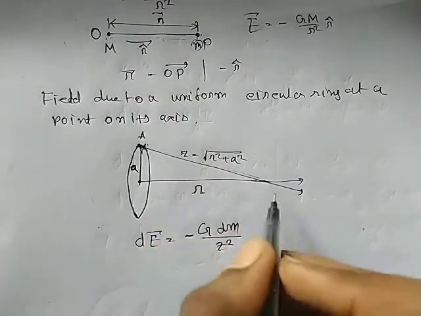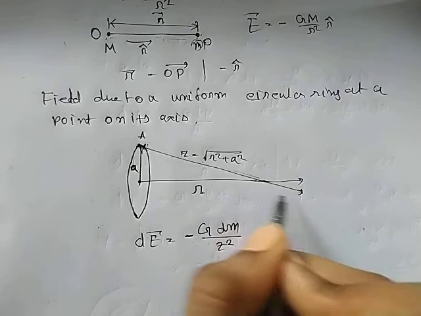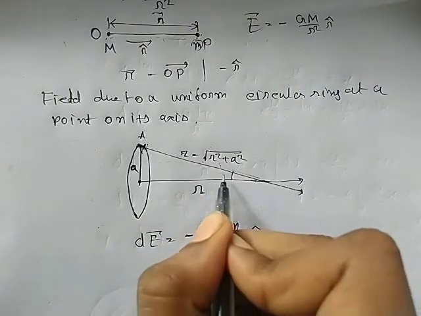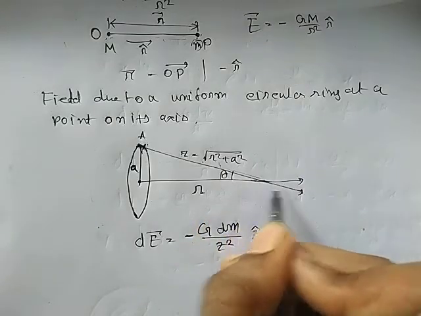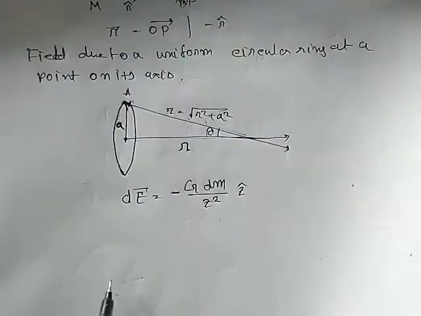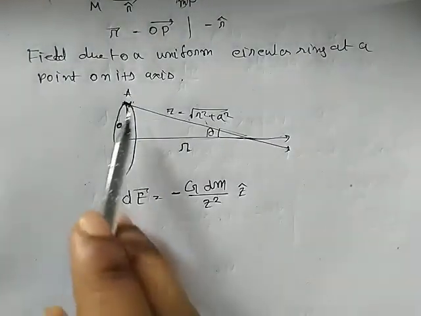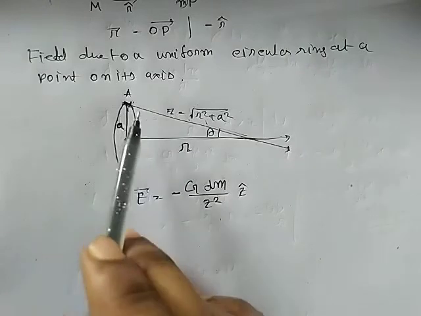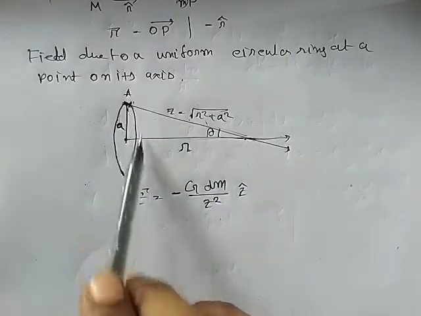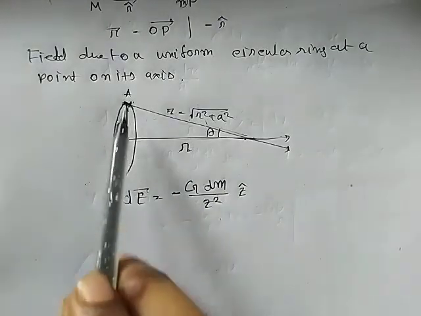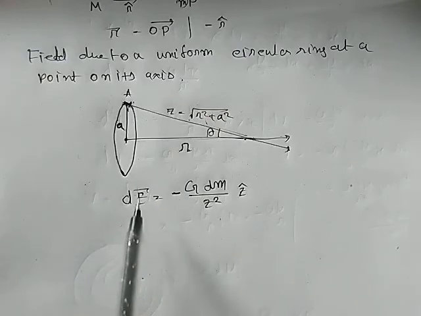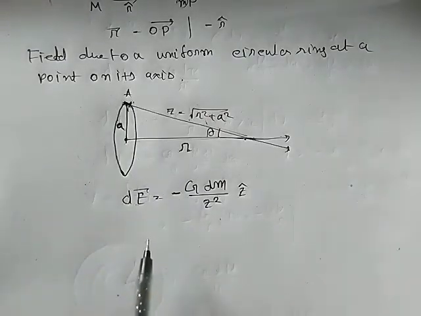Z is along this direction. This direction I write as z hat, which makes angle theta with this axis. You can remember, if we need to find the field here due to this whole ring, all we need to do is integrate this field over this whole ring.